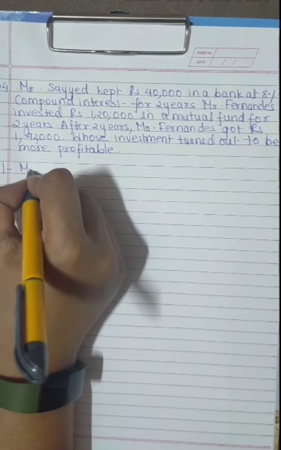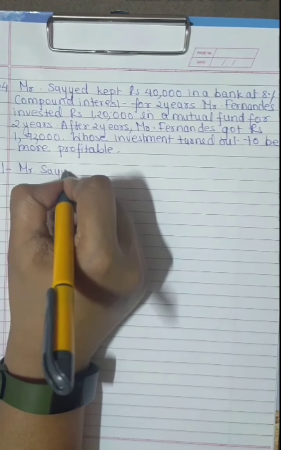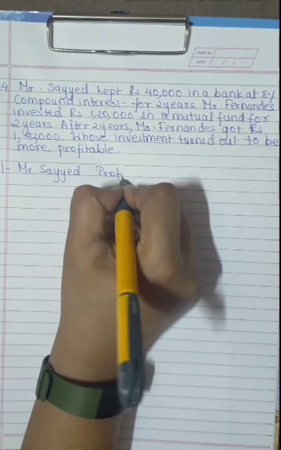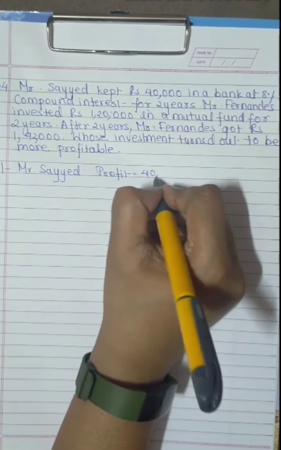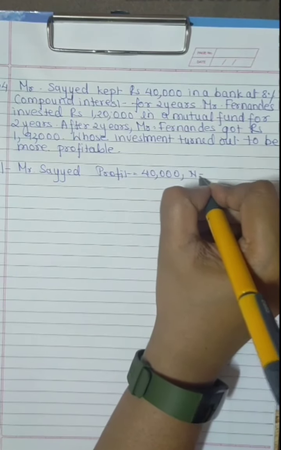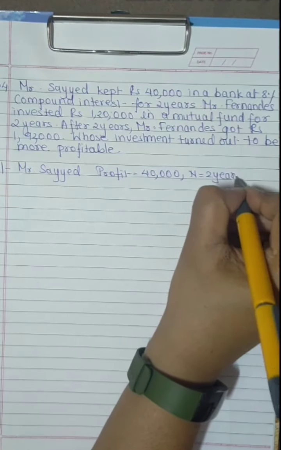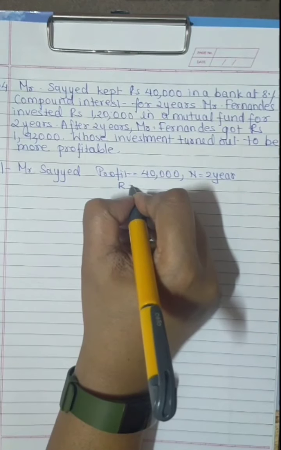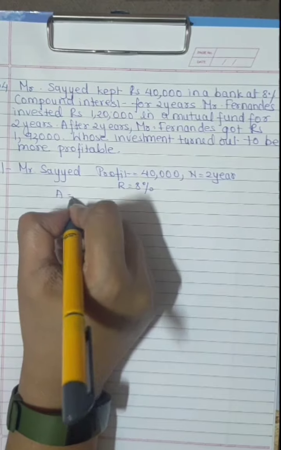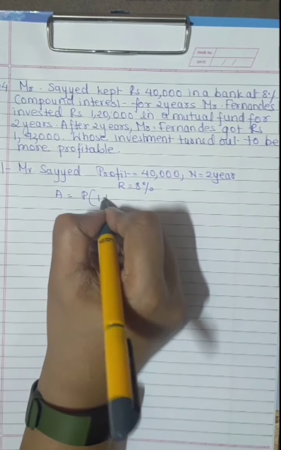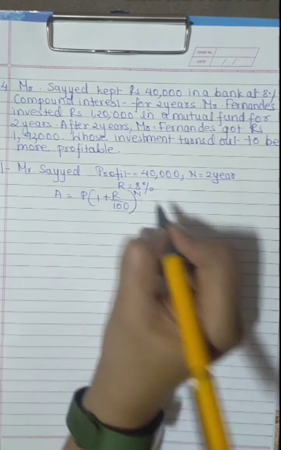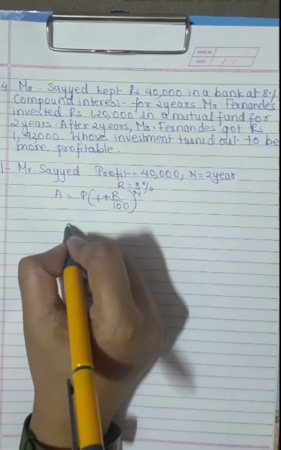So Mr. Syed, principal 40,000, number of years 2, and rate of interest is 8%. So amount equals principal times 1 plus R upon 100 to the power N. So this is our formula.